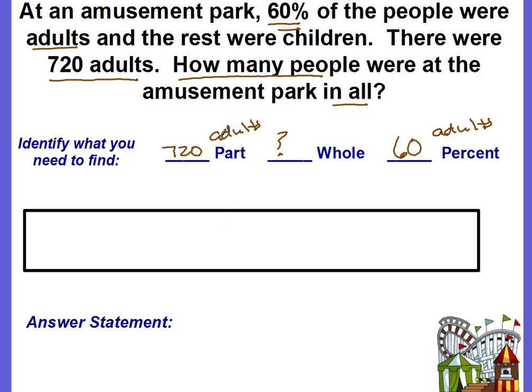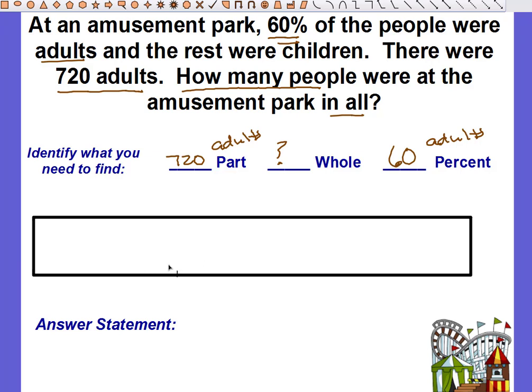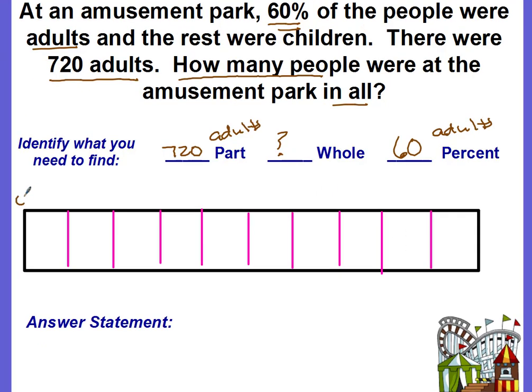Okay, so make sure, do the part and the percent represent the same thing? Yes, they both represent the number of adults. So we're ready to go ahead and start our bar model. So cut it into half, then 4 lines in front and 4 lines behind. Ready to label.